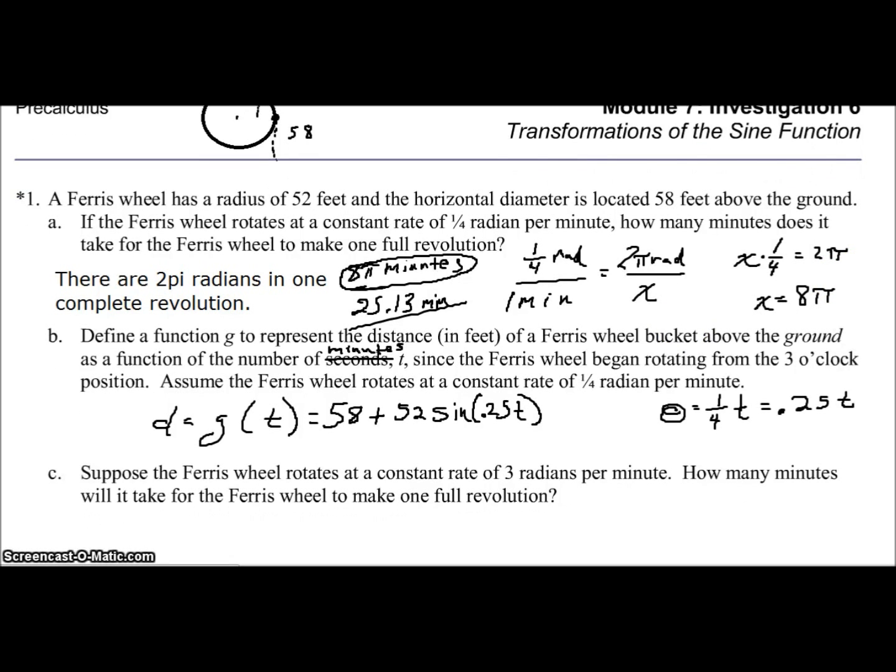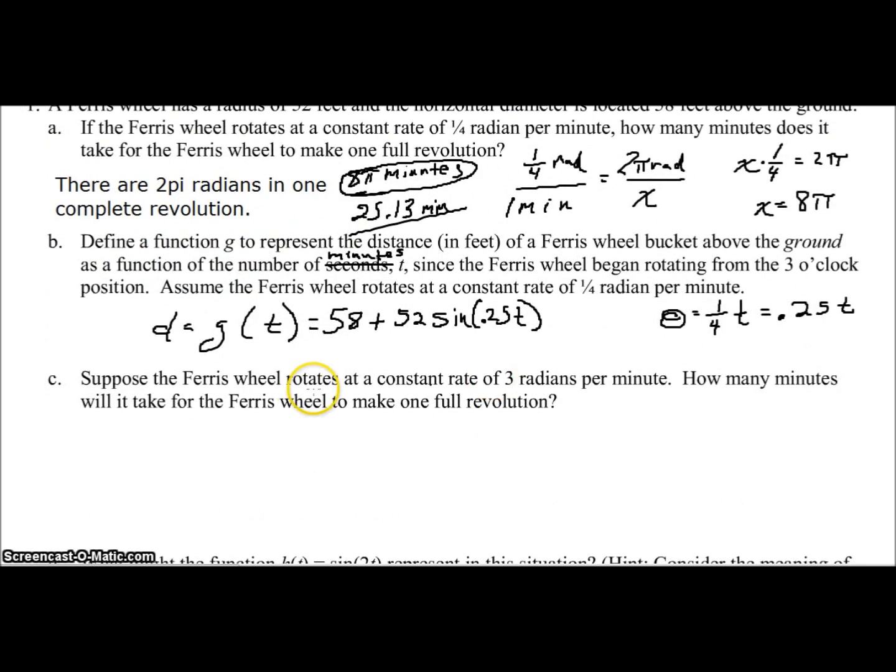Now suppose the Ferris wheel rotates at a constant rate of 3 radians per minute. Okay, so then the number of radians would be 3 times the number of minutes. How many minutes will it take the Ferris wheel to make one full revolution? So one full revolution is 2 pi radians.